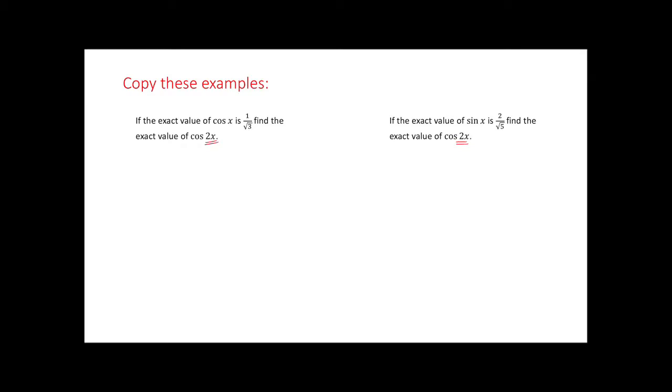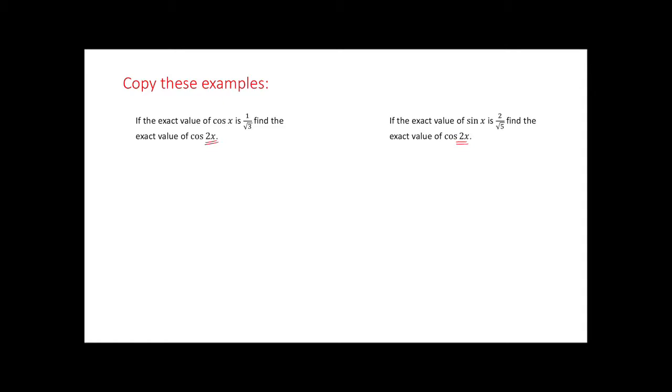So, for this first example where we're told that cos x is 1 over root 3 and we have to find the exact value of cos 2x, when you look on your formula sheet, you can automatically rule some expansions out. So your first option would be that cos 2x is equal to cos squared x minus sin squared x.